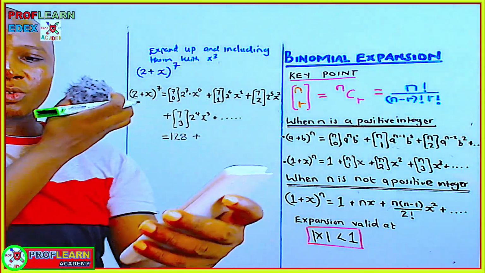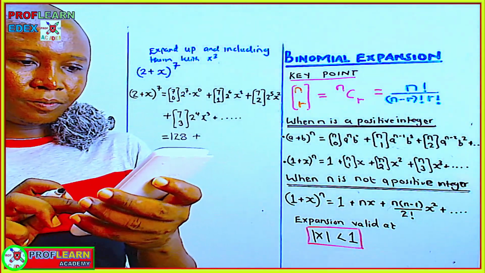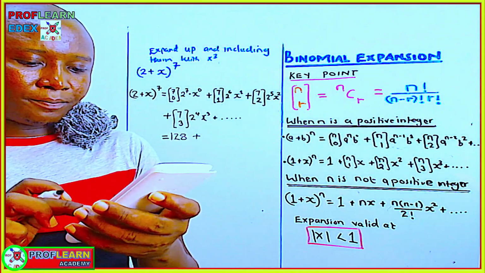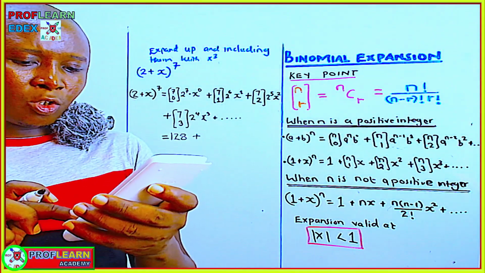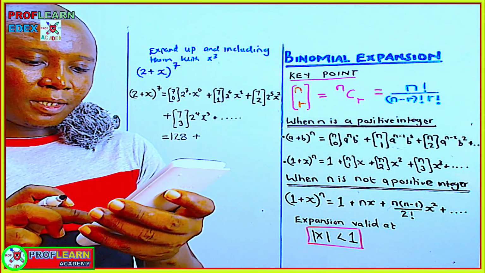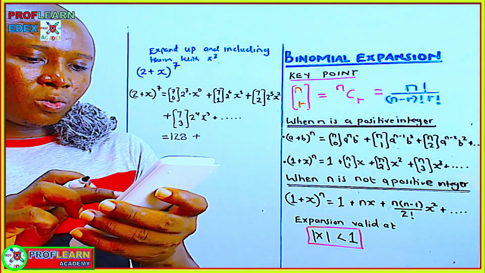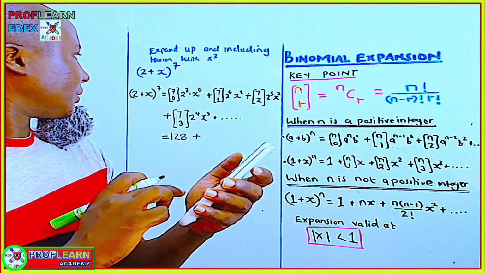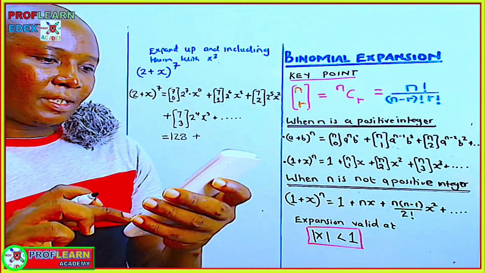The second term is going to be 7 combination 1, and the answer we get times 2 raised to power 6.